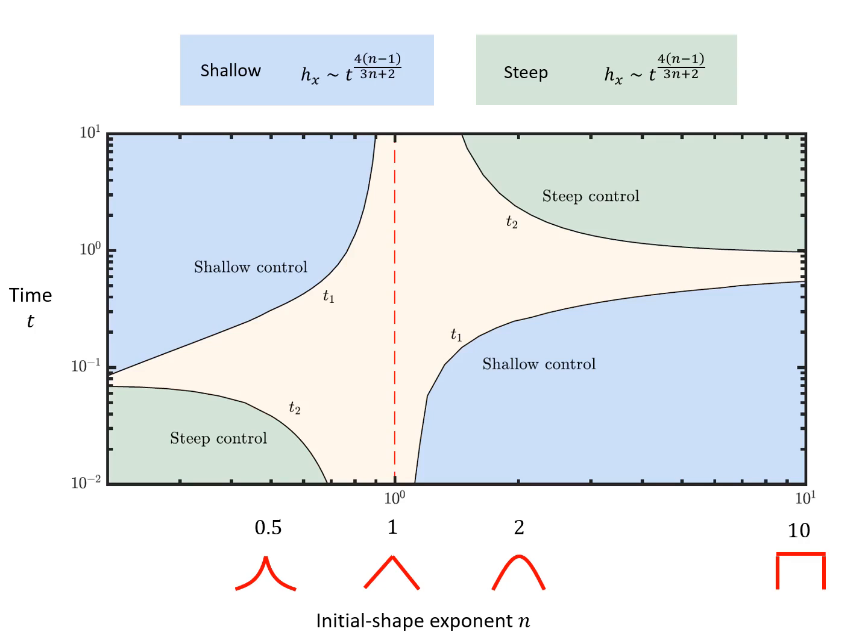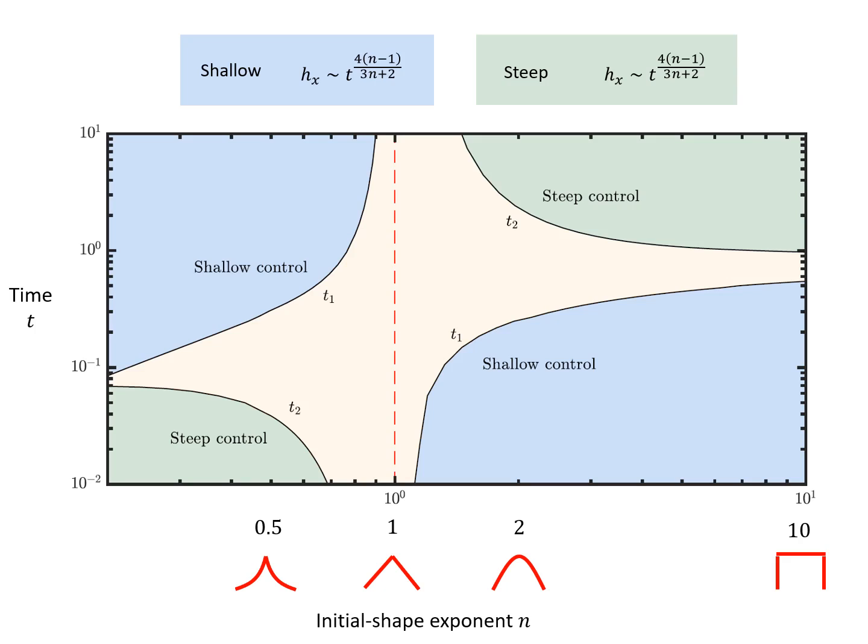So just to illustrate how these two different regimes arise in time for different values of n, I've shown here a parameter time regime diagram. This is the initial power law exponent along the x-axis and time along the y-axis, and what this shows is the situations for which the different similarity solutions apply. Green shows the steep regime and blue shows the shallow regime.